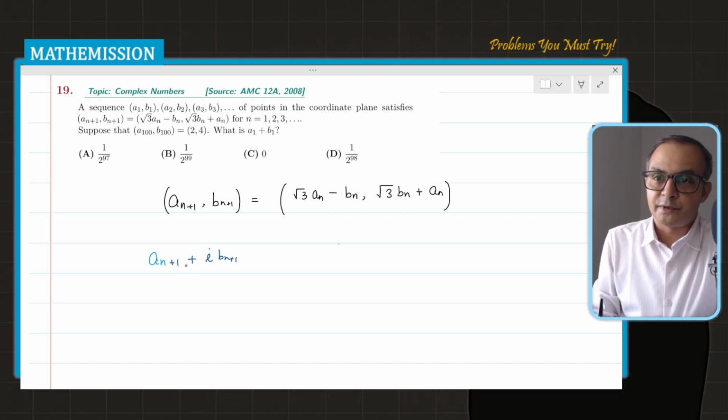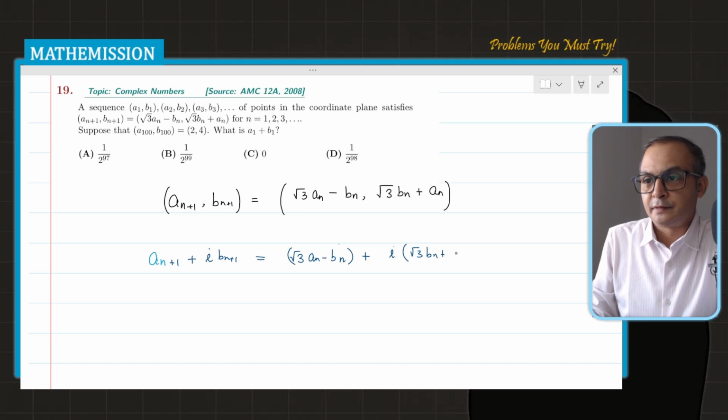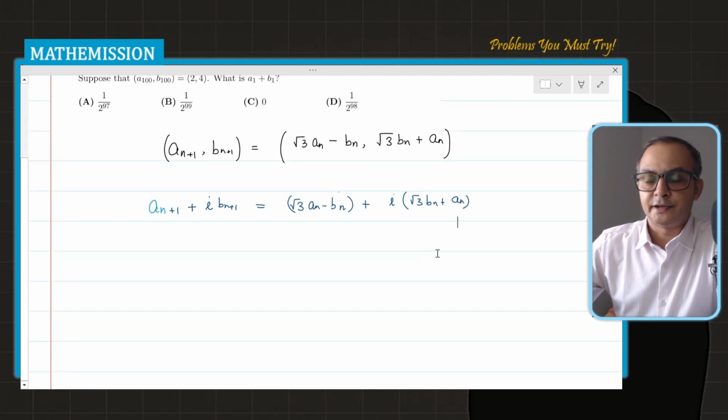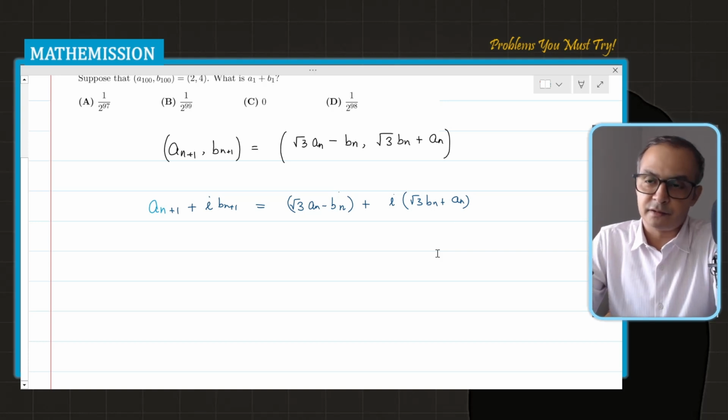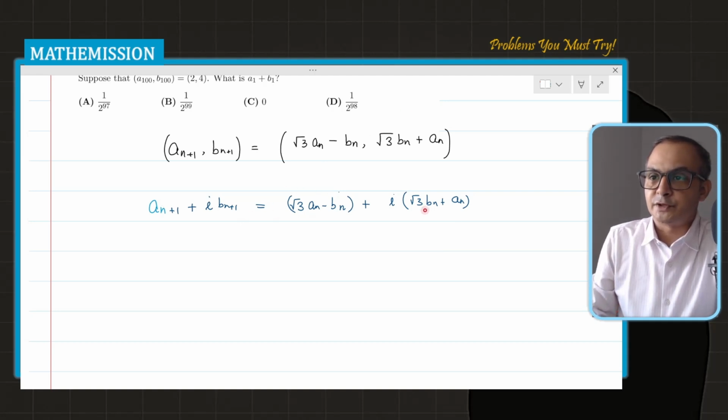So I'm assuming an plus 1 plus i bn plus 1 as the left hand side, and it is equal to the complex number which has the real part root 3 an minus bn and the imaginary part root 3 bn plus an. In this way, our intention is to compare the real and imaginary parts to equate an plus 1 with this and bn plus 1 with this.